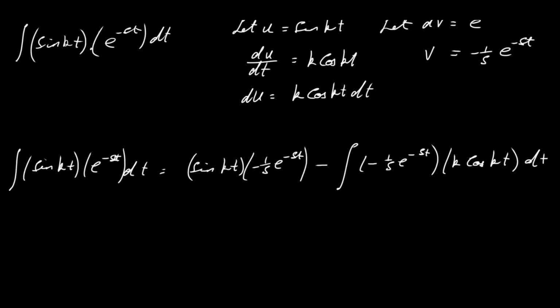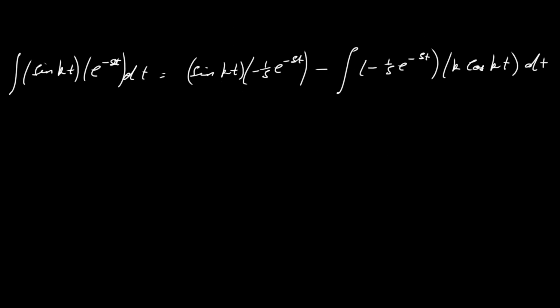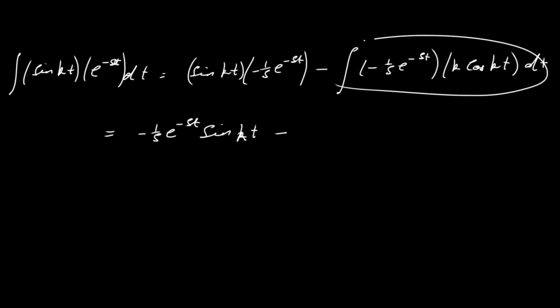Okay, so let's just try simplifying this. I'm going to put the minus 1 over s e to the power minus st first, multiplied by sine kt. Now, what I'm going to do here is just simplify all of this.